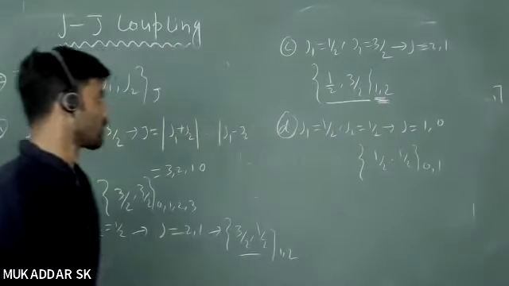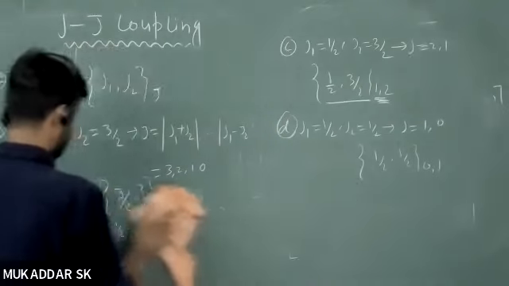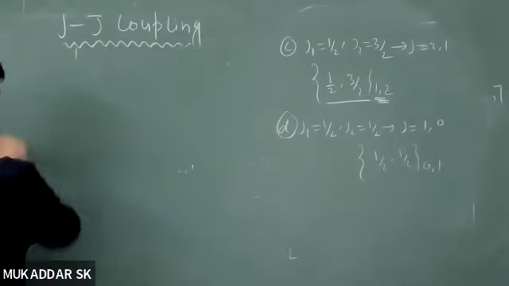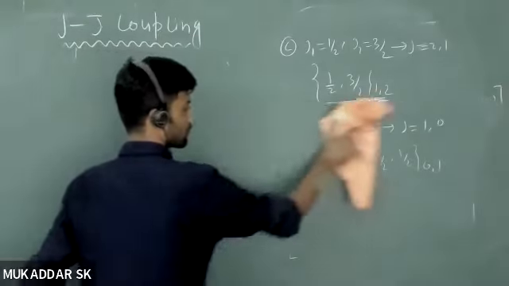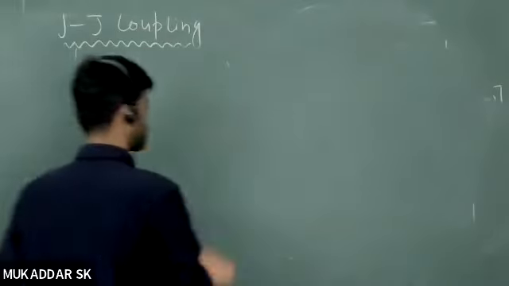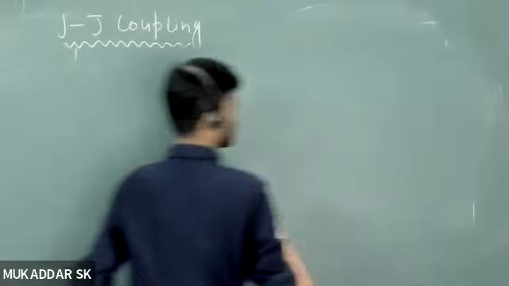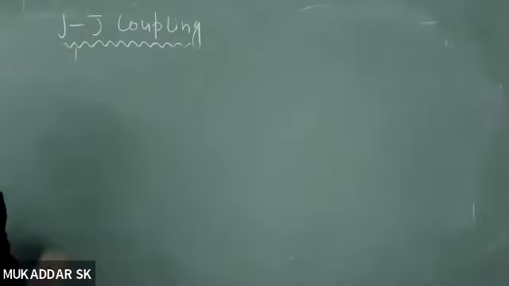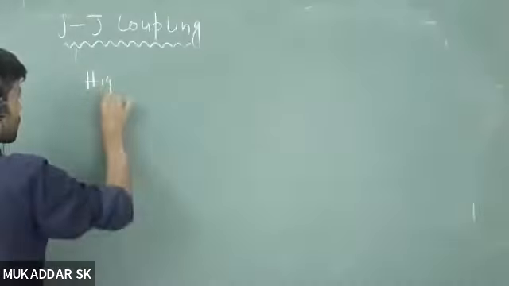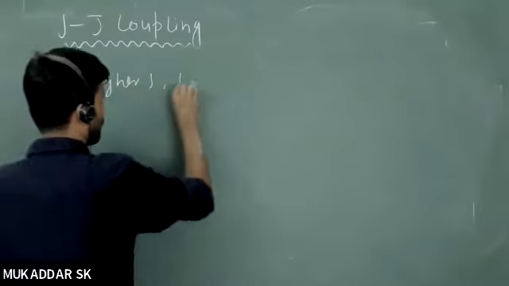So you have to arrange these terms. So you have to keep in mind. Sir, here lower energy will have lower J, right sir? Exactly. So for half, higher J, half of 0. Good. Higher J, higher energy.